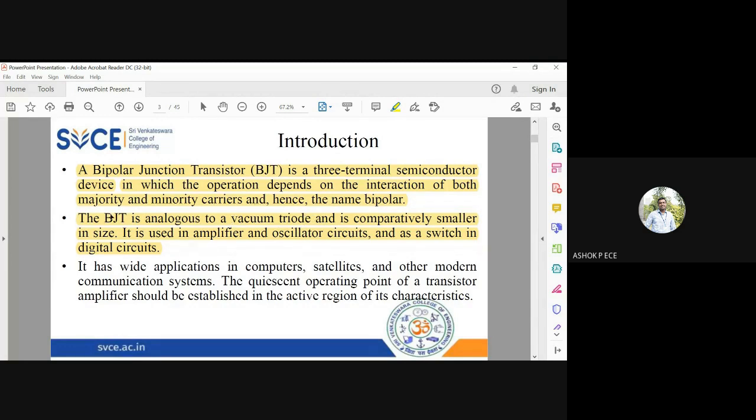But the moment these diodes, BJTs, and family of FETs were invented, they gave the same properties as these vacuum tube devices, but the size is less and the operating voltage is also less. BJT is going to operate at a maximum of 12 volts. 12 volt DC is enough to operate a BJT. Whereas in vacuum tubes, you need 200 volts, 300 volts, 1 kilovolt.